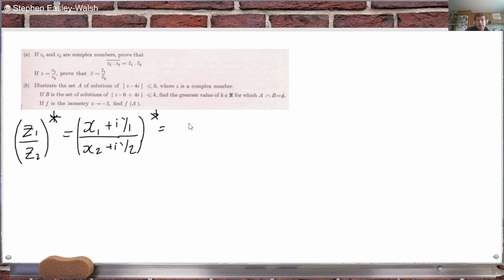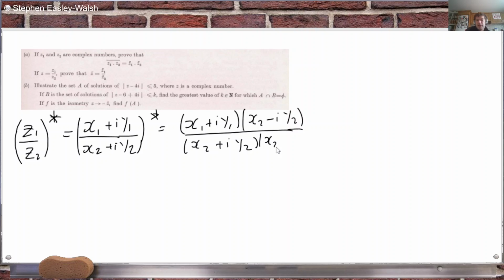Now we'll have to rationalize. So that's X1 plus iY1 times X2 minus iY2, and then X2 plus iY2 times X2 minus iY2. So on the top, what do we get?